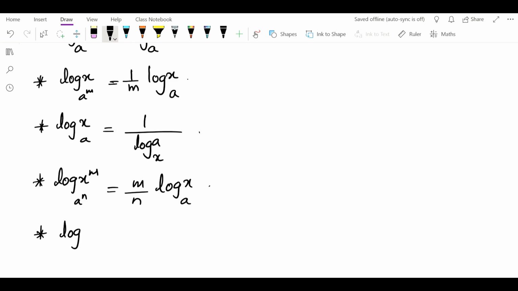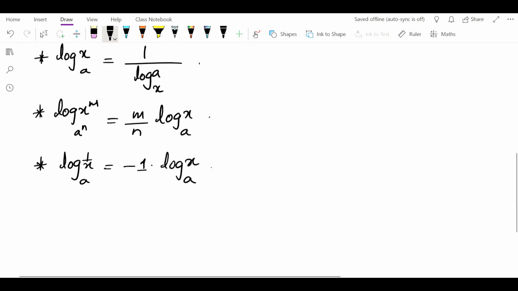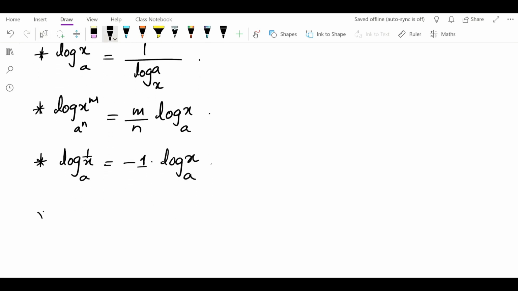Log 1 by x base a is equal to minus 1 into log x base a. A to the power of log x base a is equal to x.